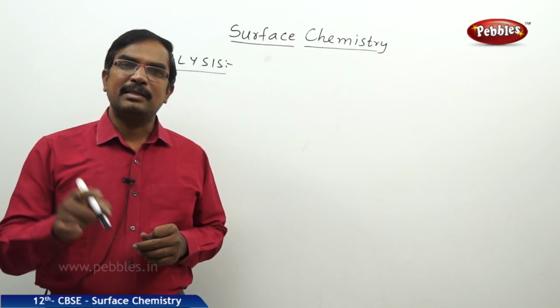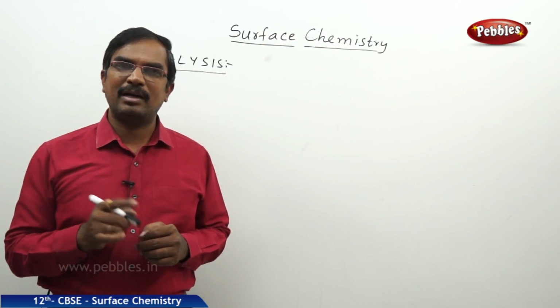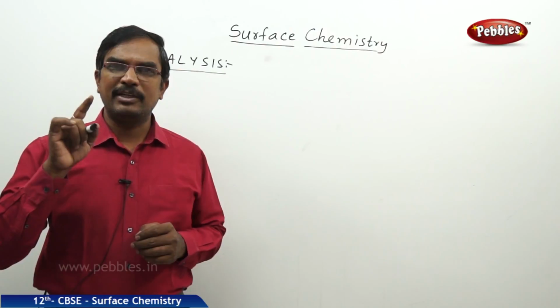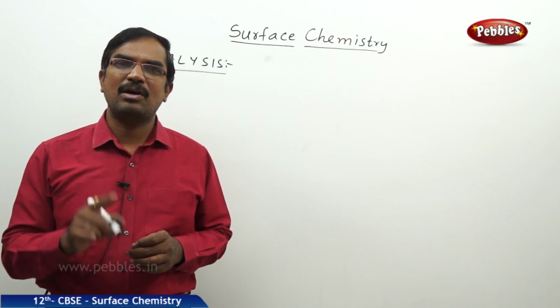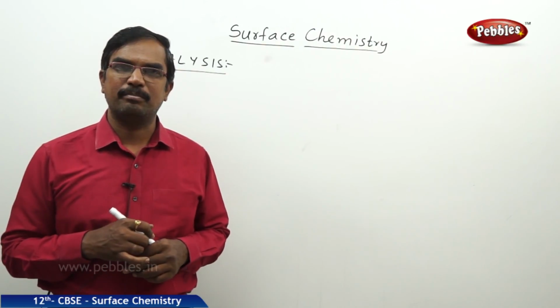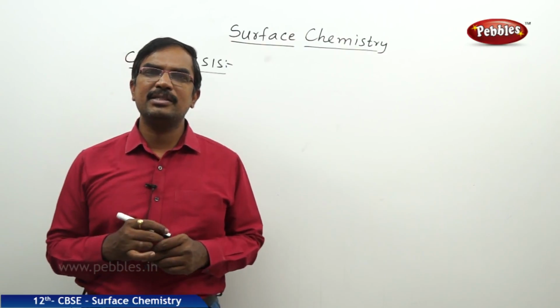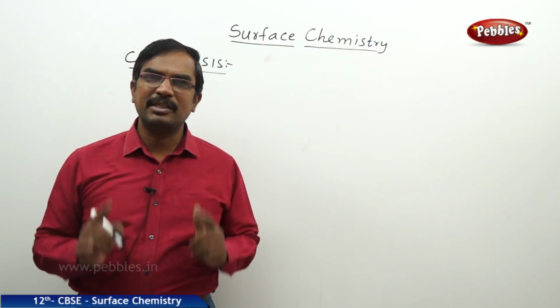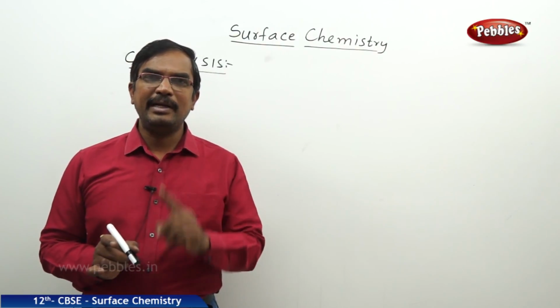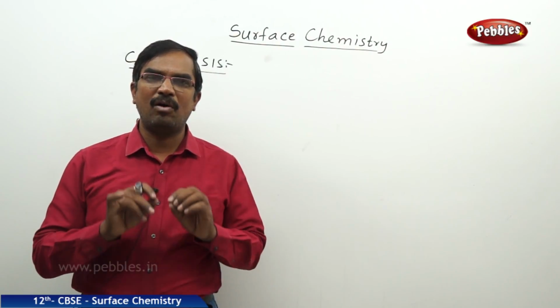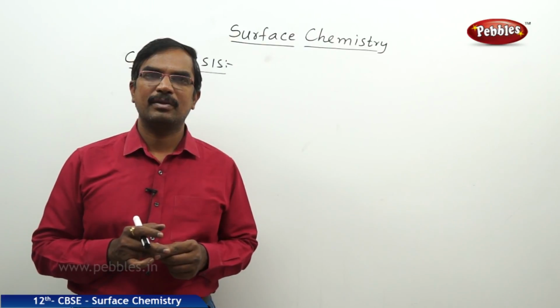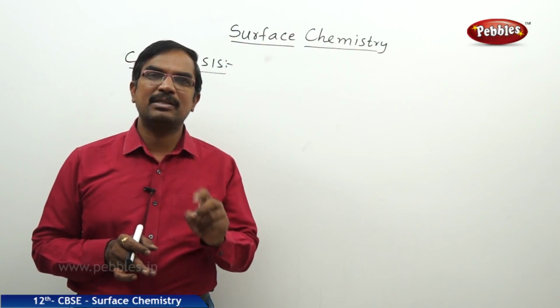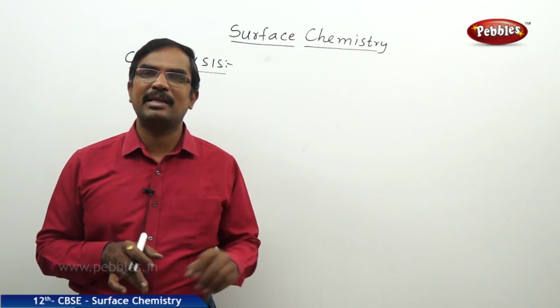Once the equilibrium is attained, there is no effect of the presence or addition of the catalyst, because if the catalyst increases the rate of the forward reaction, at the equilibrium stage we are aware that the rate of forward and backward reactions will always be equal. So what is the effect of the catalyst at equilibrium? It has no effect.